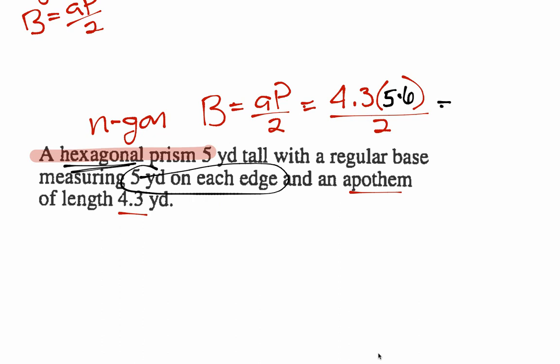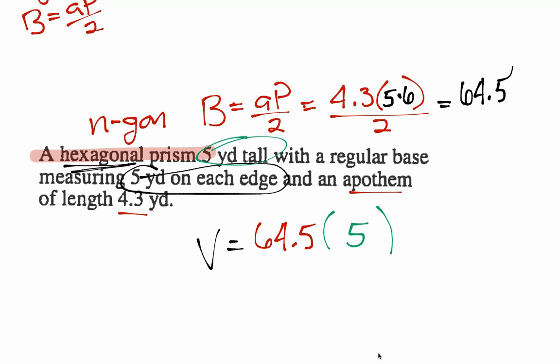Hexagon is 6 sides. That's 64.5. So volume equals 64.5 times the height, which is 5 yards tall. 322.5 cubic yards.